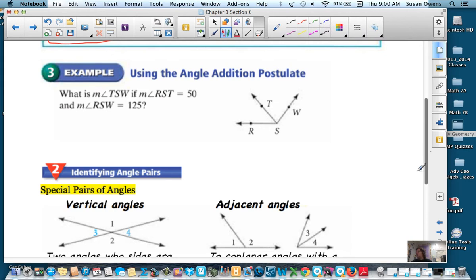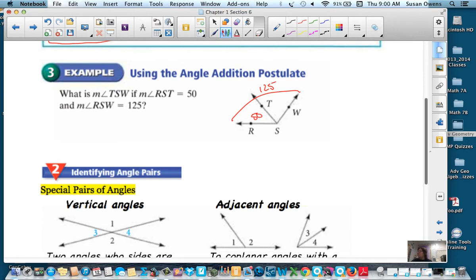What's the measure of TSW? So that's actually the bigger top one. If RST is 50 and RSW, oh, they actually give me the big outside one, is 125. So what I'm going to do is I'm going to write what I know.